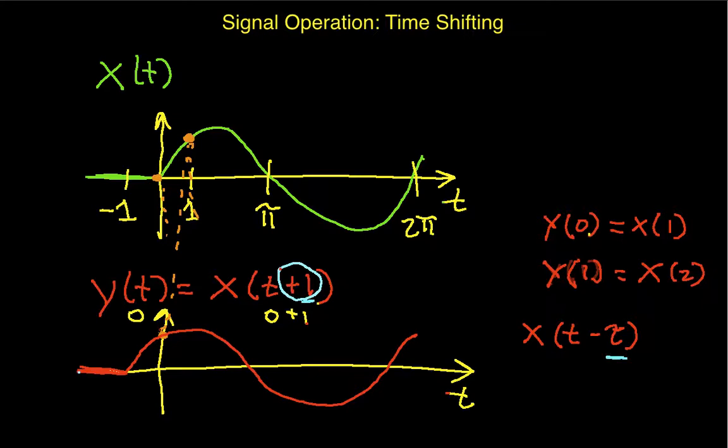And so this signal would be the original signal x of t shifted to the right by tau units, whatever tau happens to be. And in convolution, it turns out that tau is a dummy variable of integration, and you get all sorts of interesting things happening. But anyway, that's the operation of time shifting. Hopefully this makes sense.